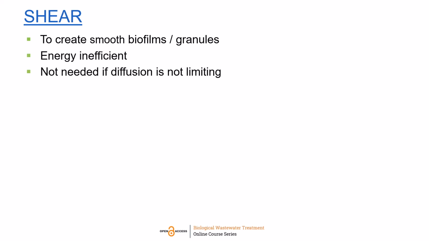However, it requires a lot of energy to create shear stress on the granule surface, and also it is not needed as long as you stick to the first requirement to grow granules, which is to make sure that diffusion is not limiting, and which you can do by separating substrate uptake and biomass growth.